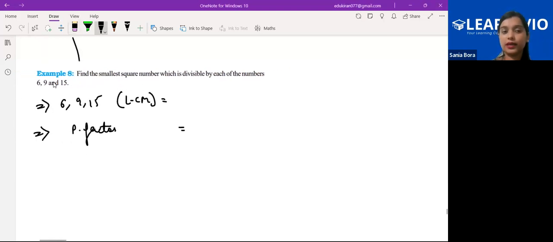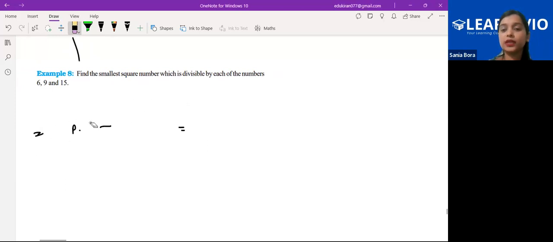Okay, so I'm starting with example number 8. I'm teaching the steps of how to find it. Do you know how to solve example number 8? Read it and tell me. Find the smallest square number which is divisible by each of the numbers 6, 9, and 15. Any idea? No?